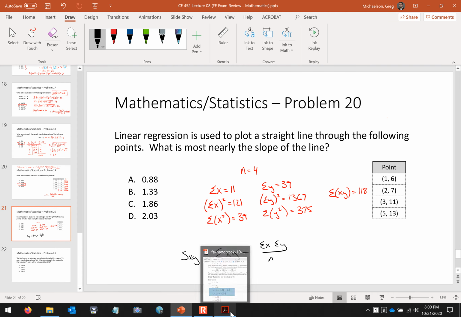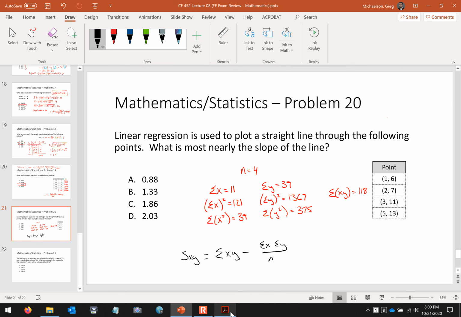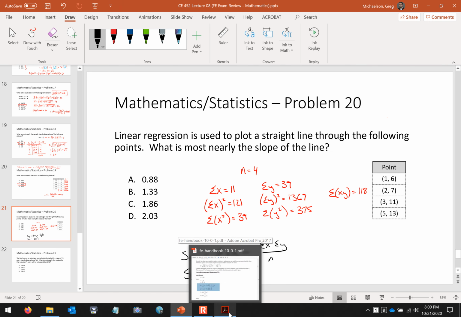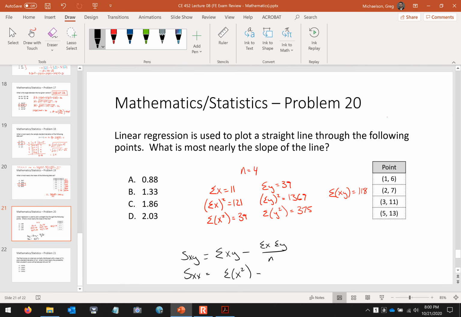Did I get that right? Yep. And then Sxx is sum of x squared, minus sum of x, quantity squared, over n. Sorry if I'm flipping back and forth. This is the one problem I don't have already done.